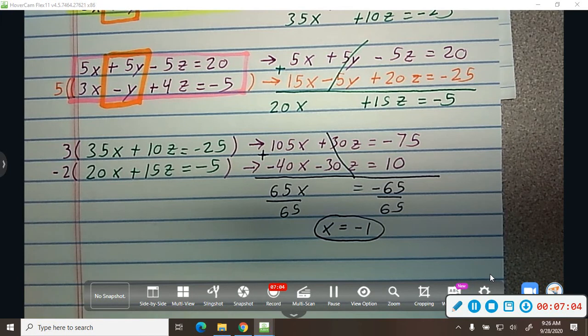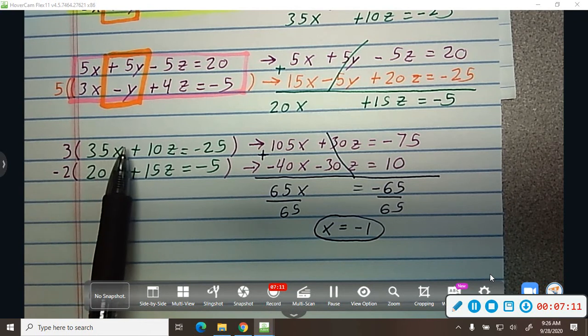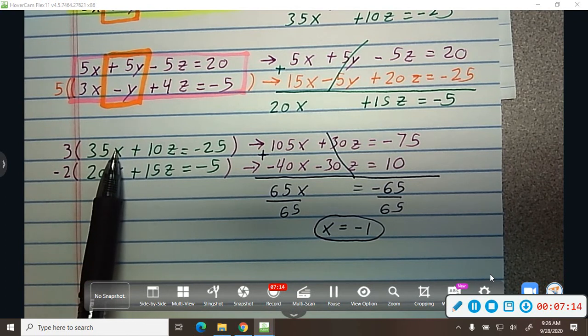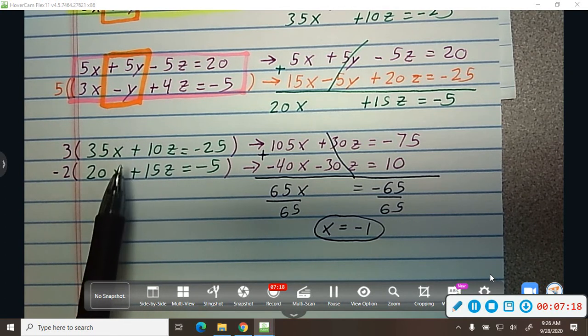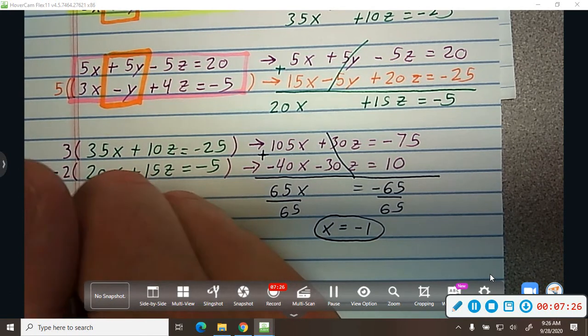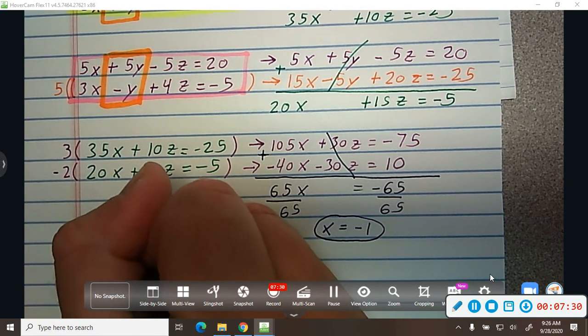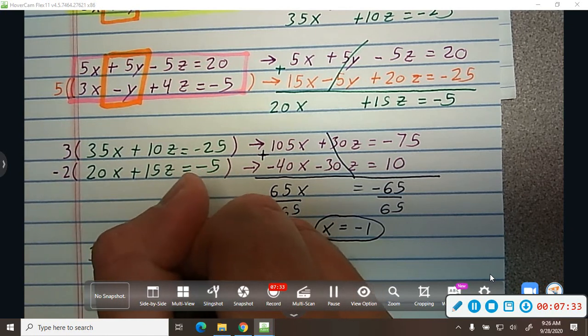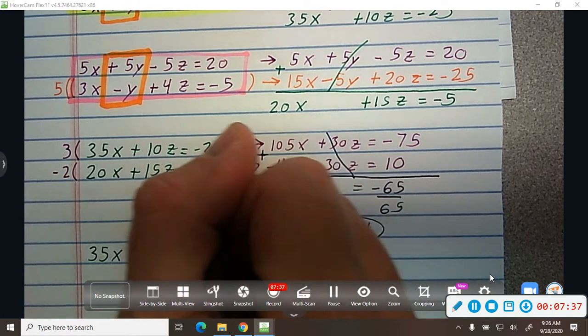Now the next variable you should find is based off your green equations. You have x. You can plug x in now. We know x is negative 1, and we can use that to find the z. So it's your choice which equation you want to plug into. I'll just pick the top one. So I'm going to recopy this one. But now I know the value of x.